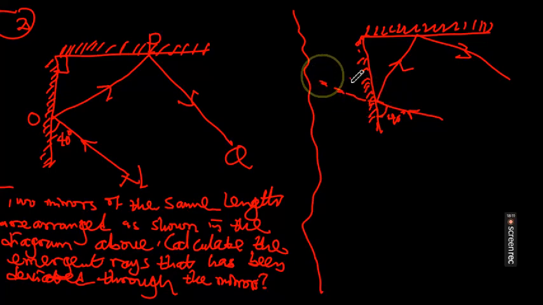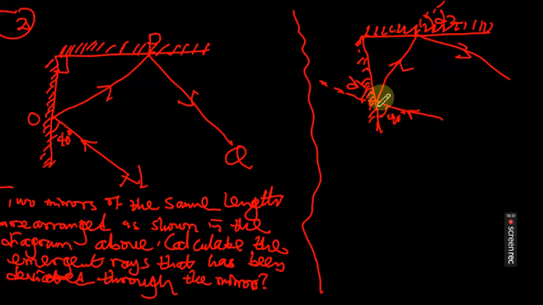That is the angle of deviation. We call this first deviation, this angle here, D1. Then at this point, another deviation will take place, which is like this. We call that angle here D2.